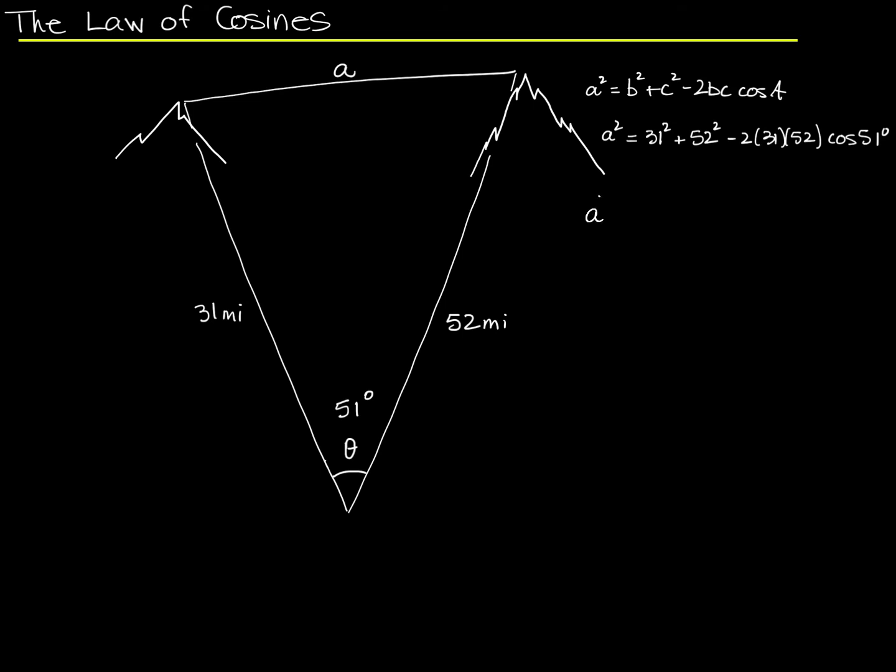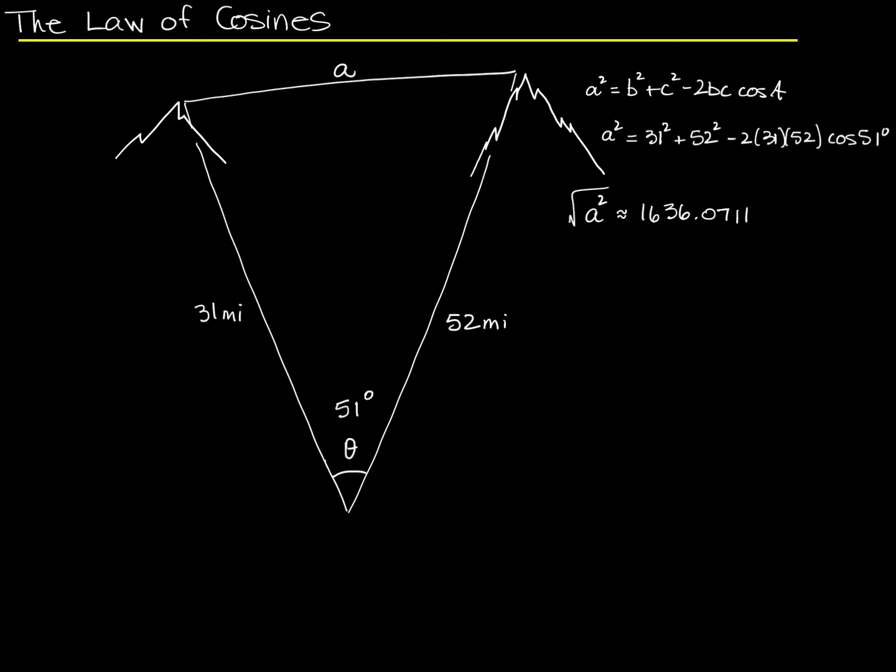My calculator tells me that a squared, when I do all the arithmetic on the right-hand side, is 1,636.0711, or thereabouts. Let me change this to an approximation.